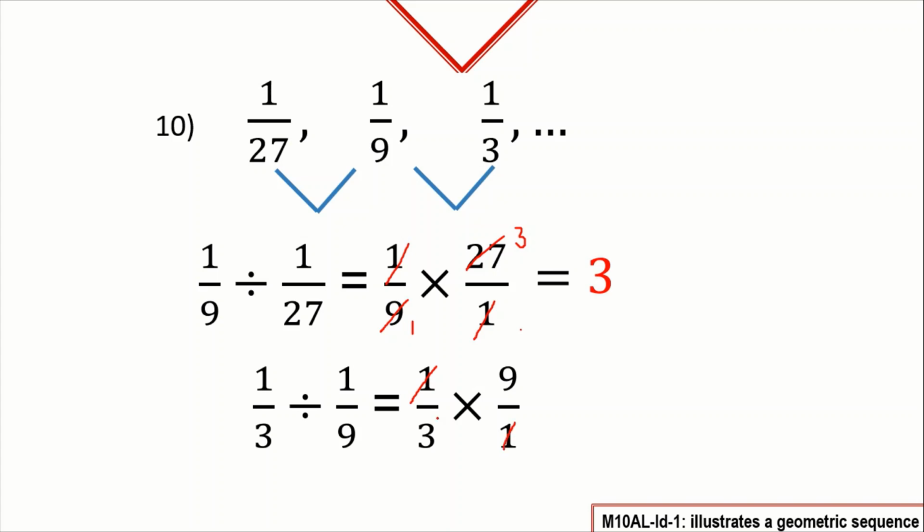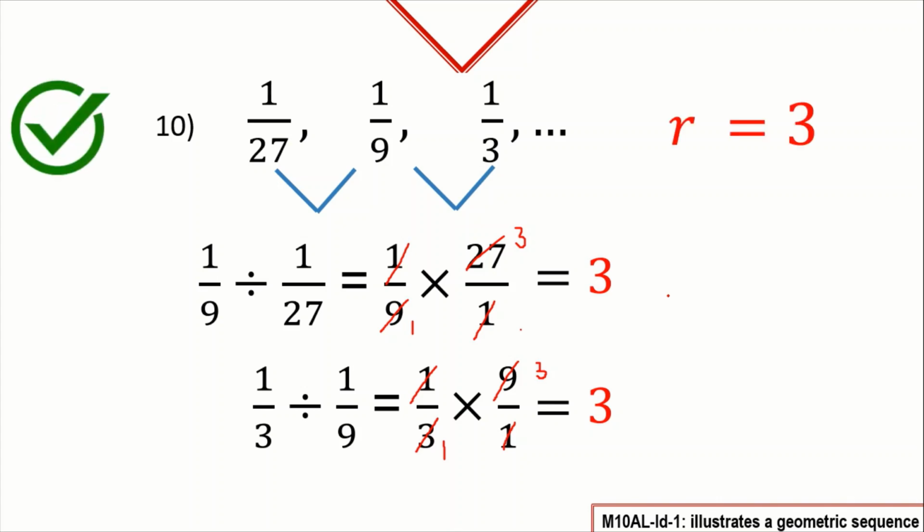Then, ang 3 and 9, pwede nating i-divide by 3, no? So, 3 divided by 3 is 1. Then, 9 divided by 3 is 3. Okay? So 1 times 3 is 3, then 1 times 1 is 1. So the answer is still 3. Pareho ang ratio ng mga terms. Therefore, the given sequence is a geometric sequence wherein the common ratio is 3.